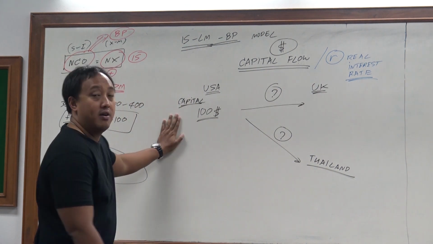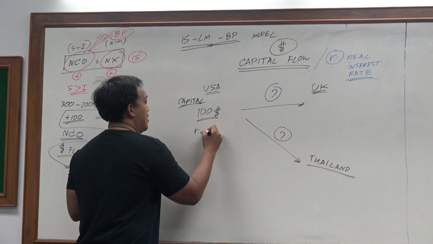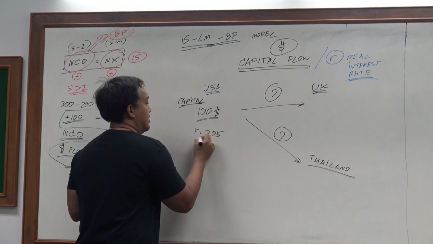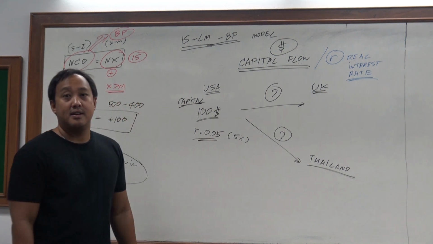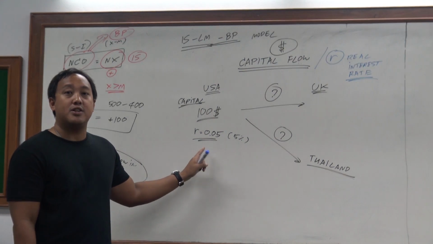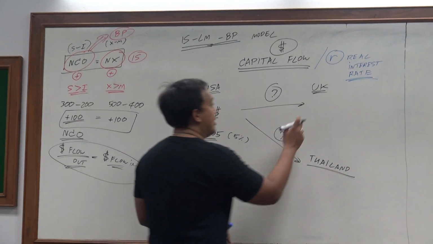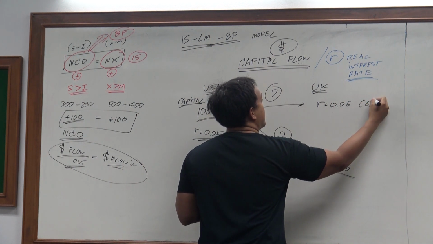For example, if the real interest rate in USA equals 5%, 0.05 is like 5%, and the real interest rate in UK equals 6%, 0.06.